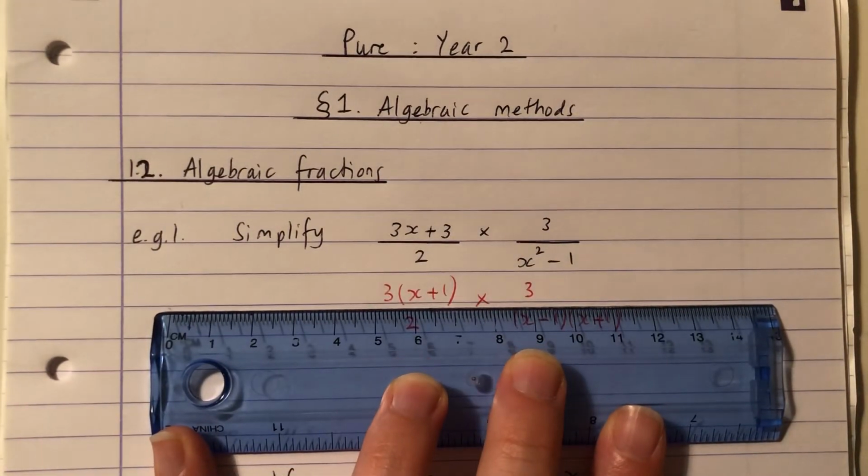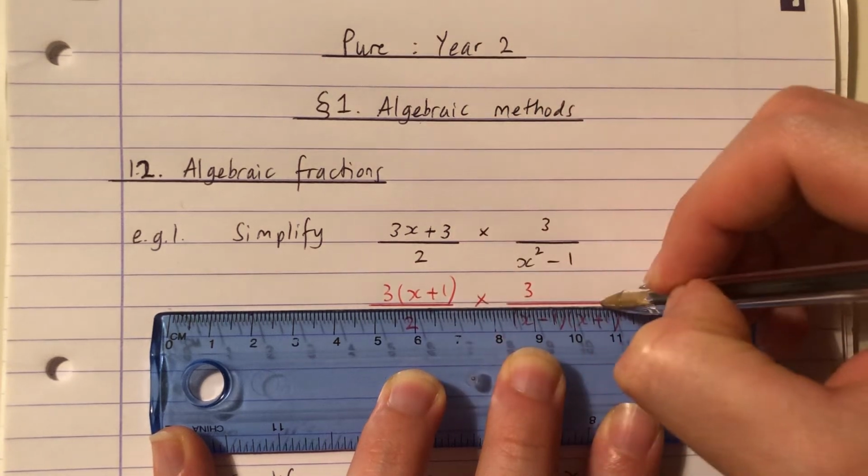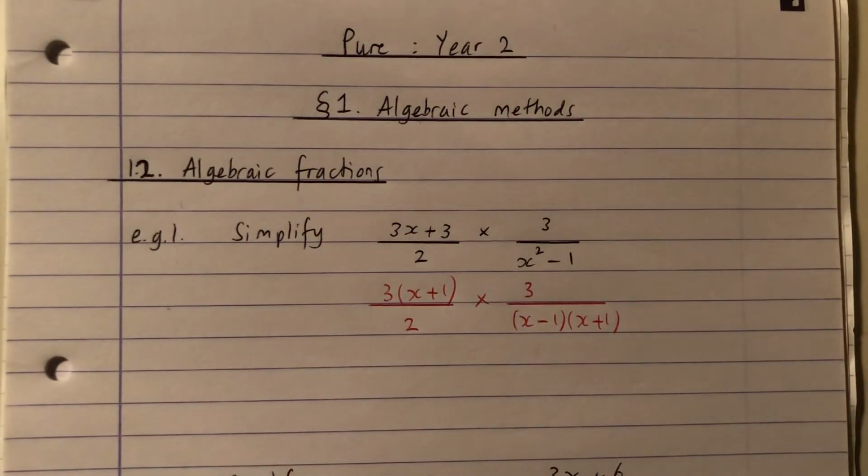Now, when you were just multiplying numbers back at GCSE, you could just get away with multiplying numerators and multiplying denominators, but that's not going to work every single time for algebraic fractions. You try to simplify as much as possible.